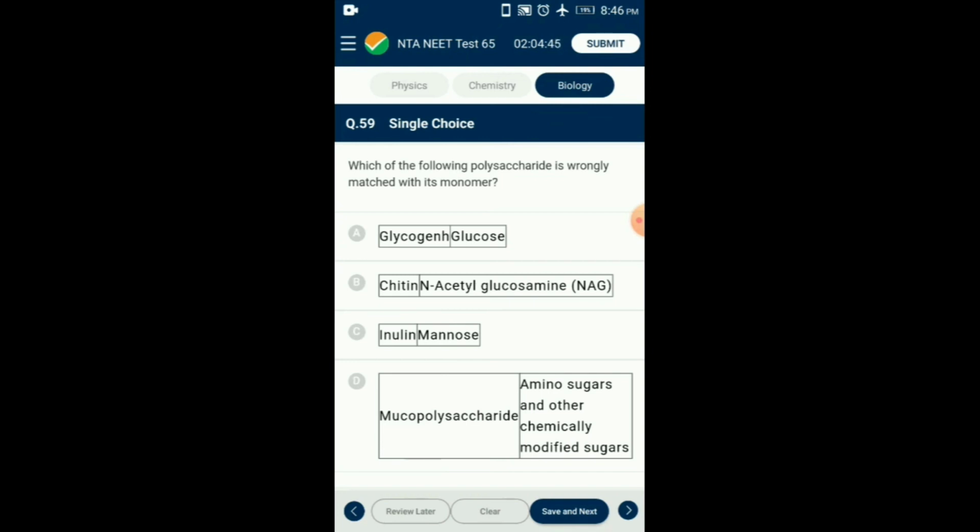Inulin, it is made up of the monomer mannose, it is incorrectly matched. D. Mucopolysaccharide is made up of amino sugars and other chemically modified sugars, that is also correctly matched. So the answer for this question is option C, inulin, mannose, it is wrongly matched.